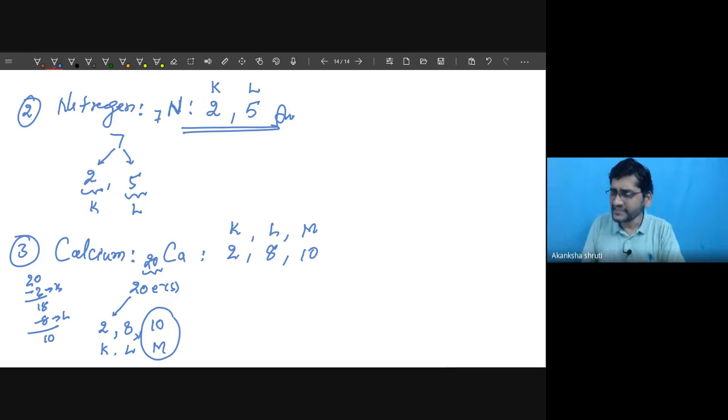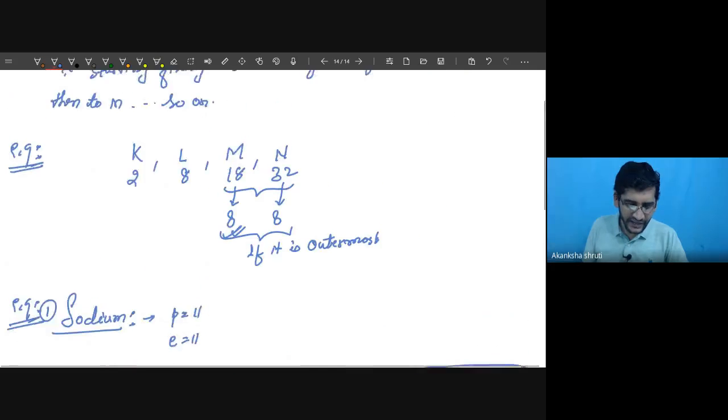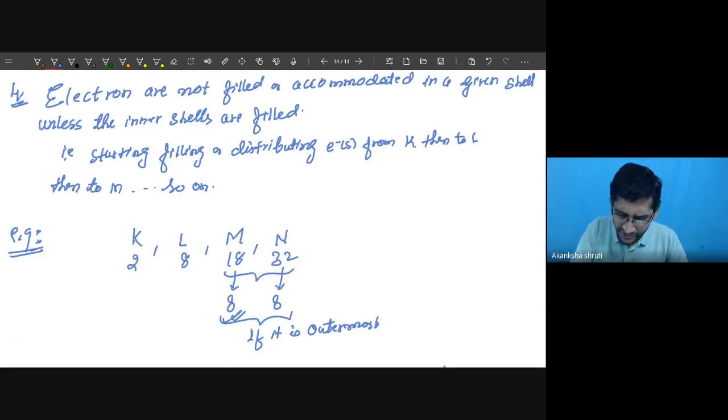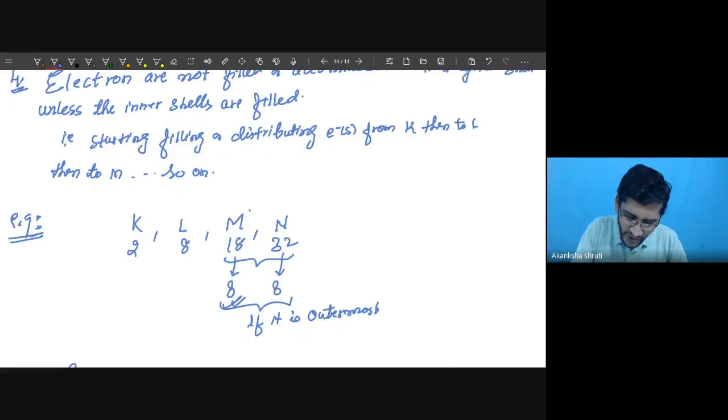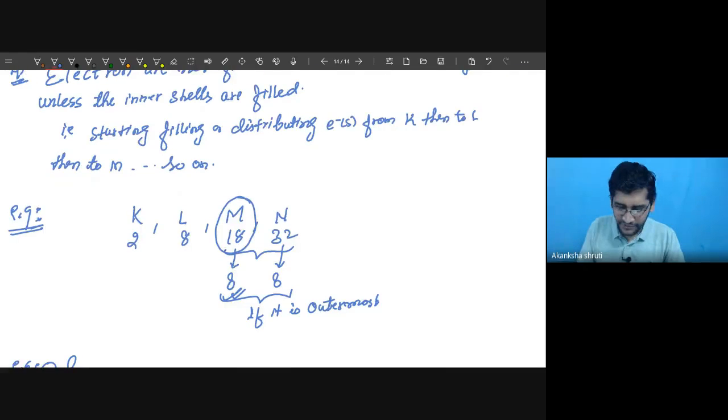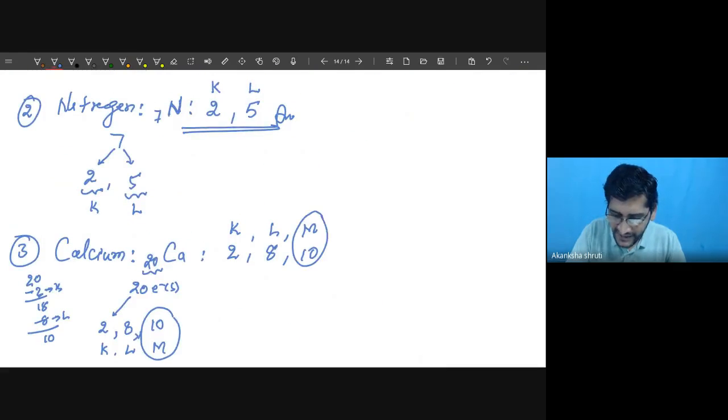Is it true or okay or not? Because M has how much capacity? M has a maximum capacity of 18. So that's why 10 can be put here. Is it correct to say that? Yes, student, please tell me.